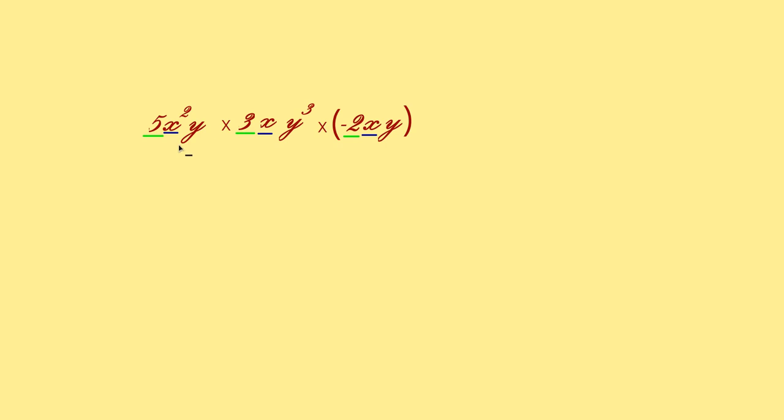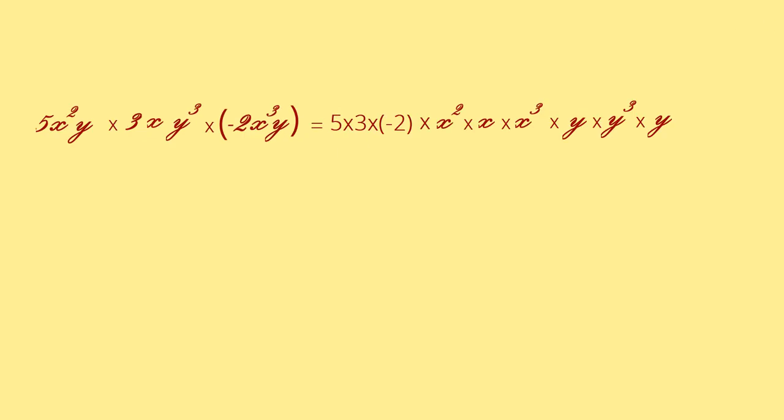And the factors containing y, that is y, y cube and y, again you can multiply. So that step you can write it as 5 into 3 into negative 2 into x square into x into x and y into y cube into y. Do multiply it.